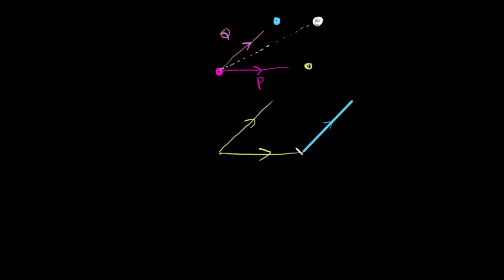Then we copy this force over here, parallel, so that now they look like a parallelogram, and the overall force that acts on it is going to be the diagonal of the parallelogram. That means this is going to be the overall force this object experiences.